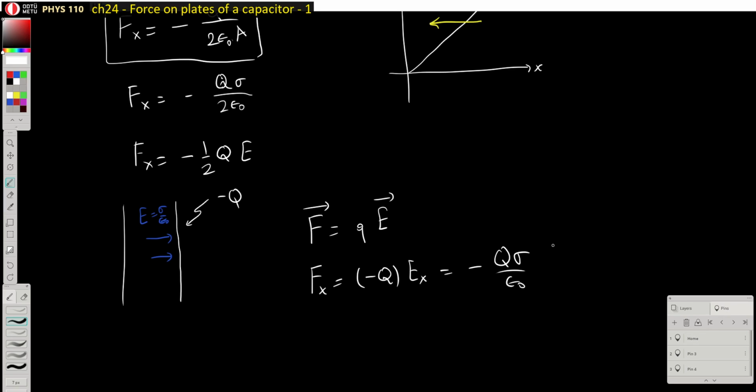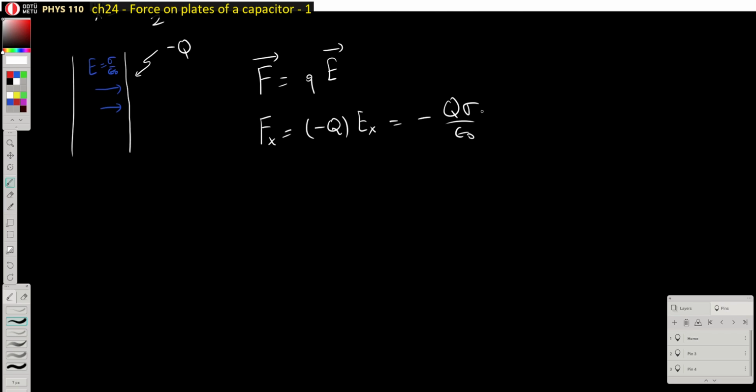Okay. However, the correct answer contains a factor of 2 in the denominator. There's a problem in here. So there are two alternative derivations of the same force.